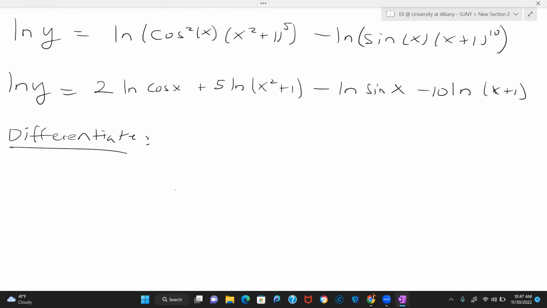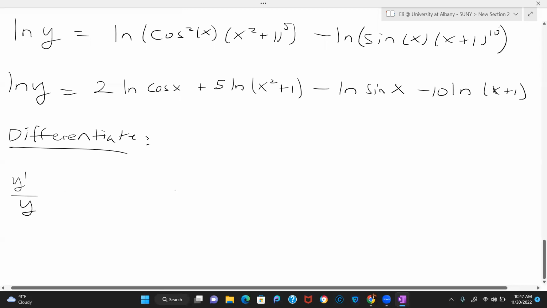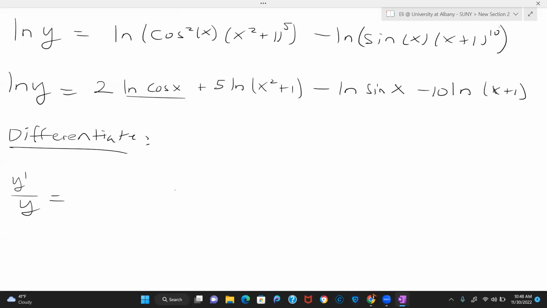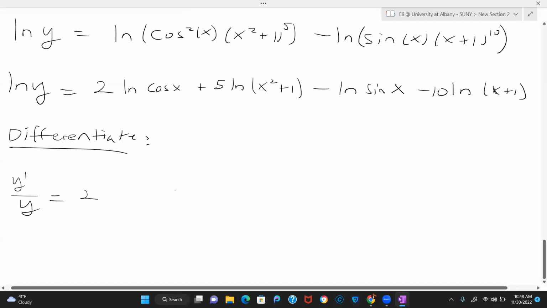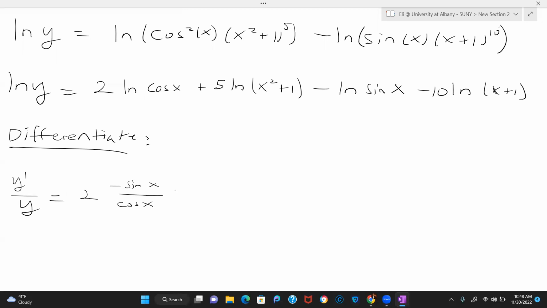So when you differentiate the left-hand side, you get y prime over y. And now when you differentiate this, first of all, you get 2 times negative sine x over cosine x. That's the first term.